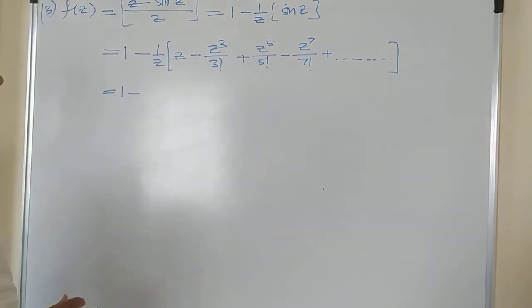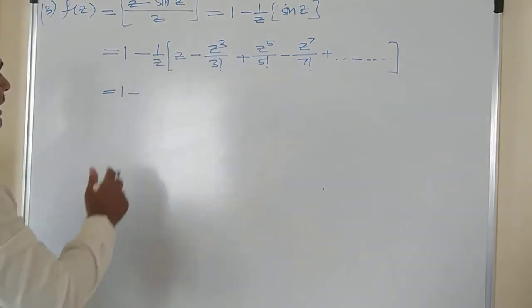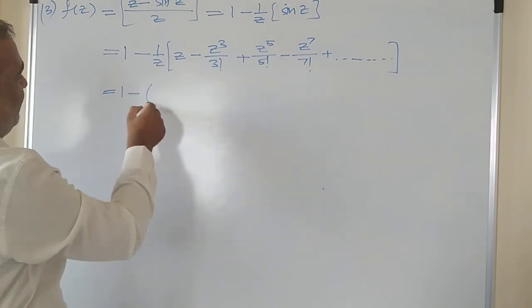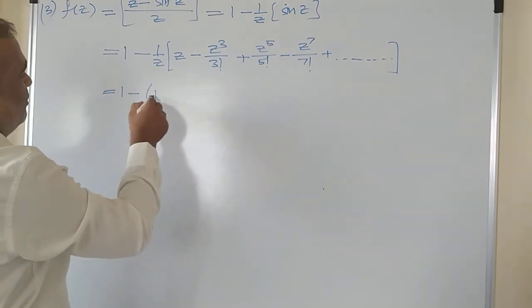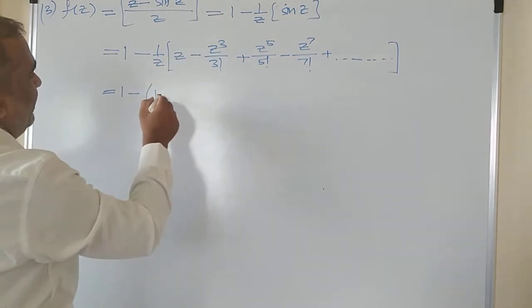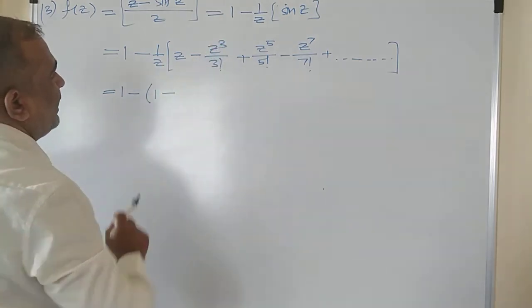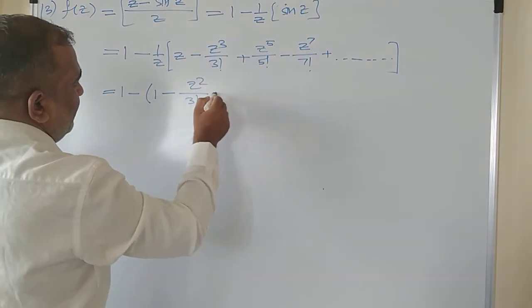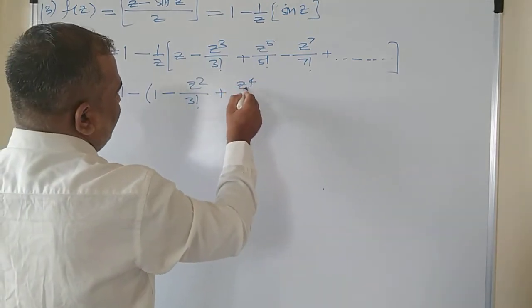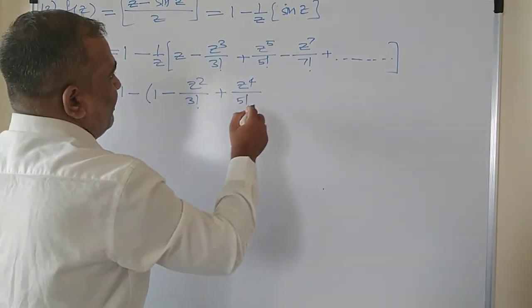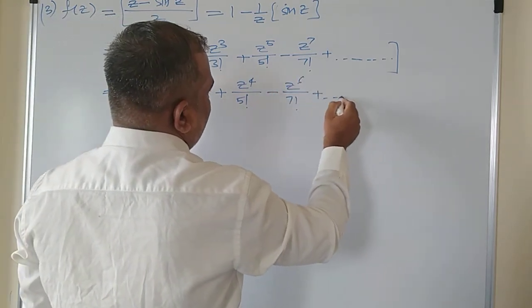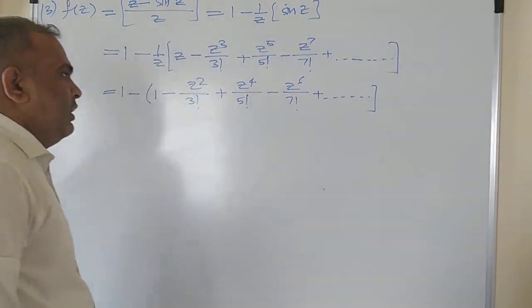And thus this is equal to 1 minus, just multiply by 1 by z inside the bracket. Let me put the minus sign as it is, and later on we'll do that. So minus, here you will get 1 minus z cube by z, that means z square by 3 factorial plus z raised to power 4 by 5 factorial minus z raised to power 6 by 7 factorial. Correct?